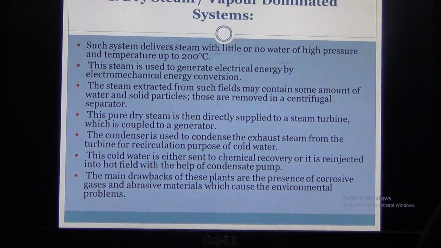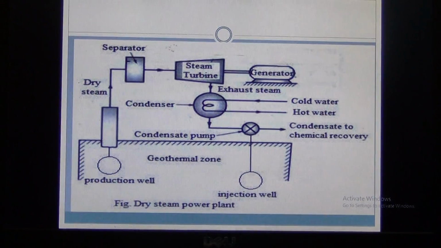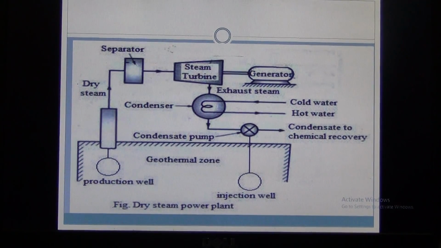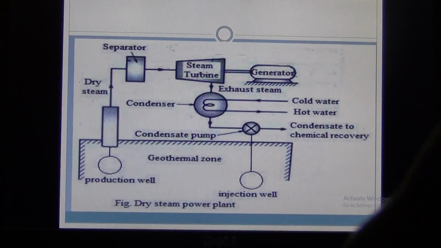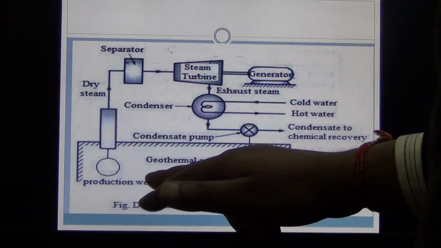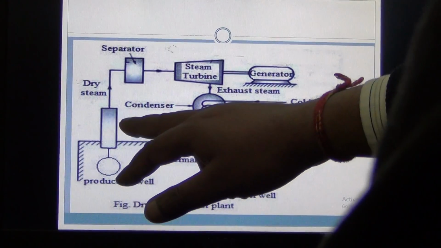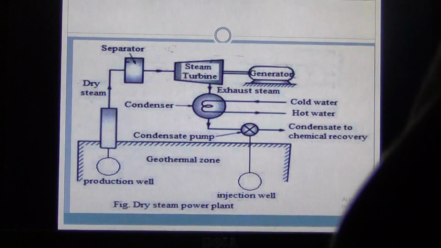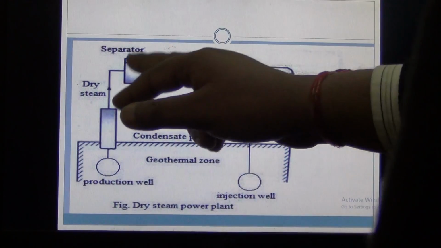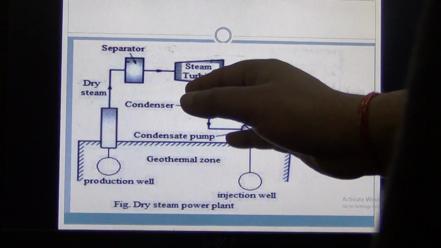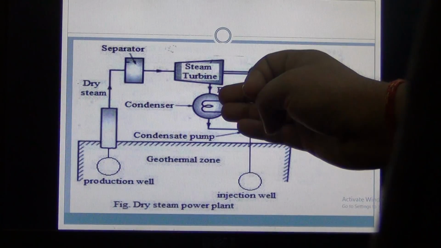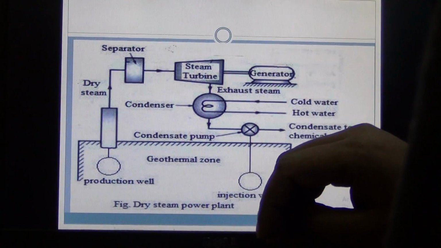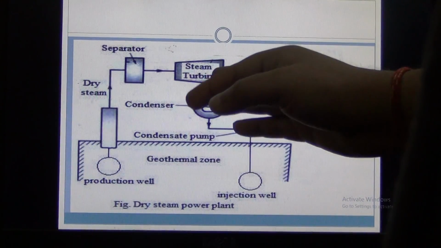The main drawbacks of these plants are the presence of corrosive gases and abrasive material, which cause environmental problems. This is the figure of a dry steam power plant, where the production well is used for producing dry steam, and there is a separator. This separator sends steam to move the steam turbine, which drives a generator.